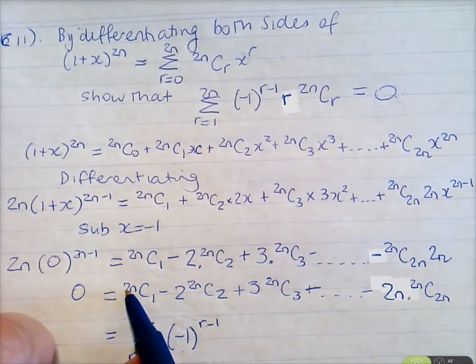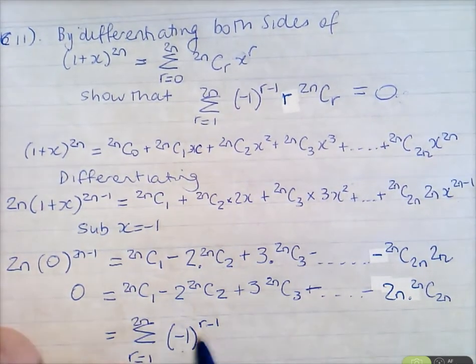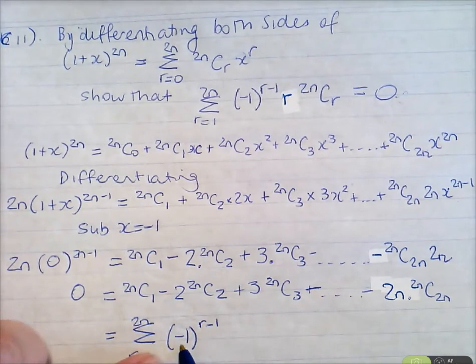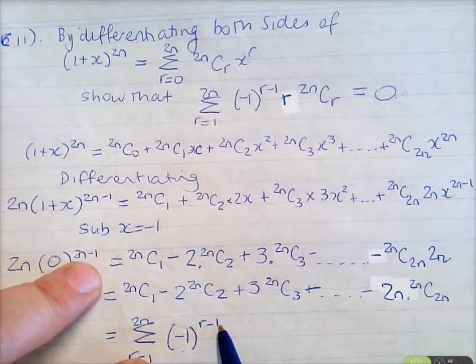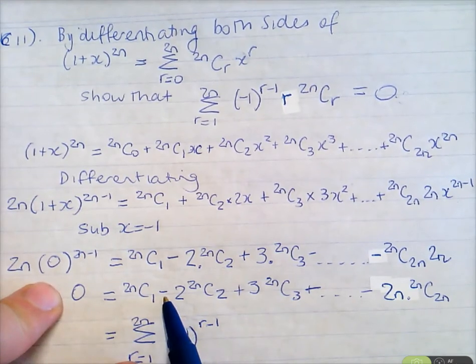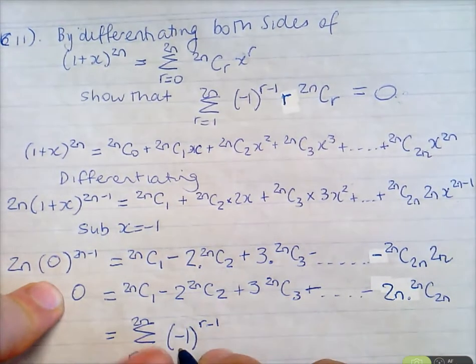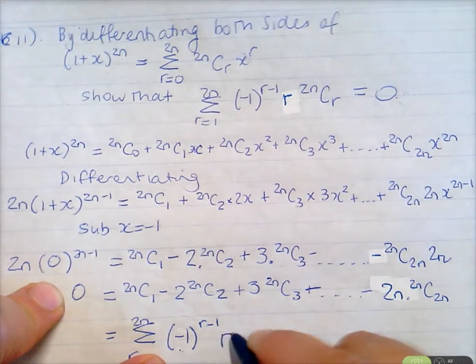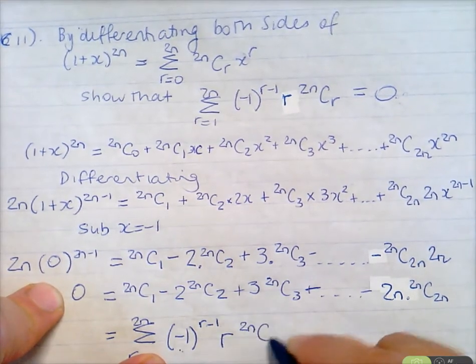That's why the first term is positive. Look at the second term. -1 to the r minus 1. Now r is 2. -1 to the 2 minus 1, -1 to the 1 is -1. That's why that term is negative. So it is correct. It's -1 to the r minus 1, r times 2ncr.